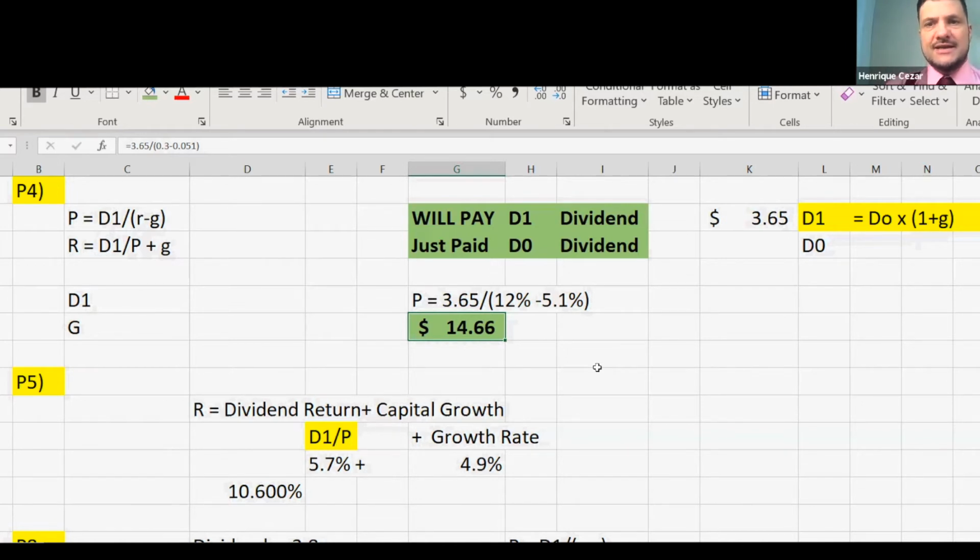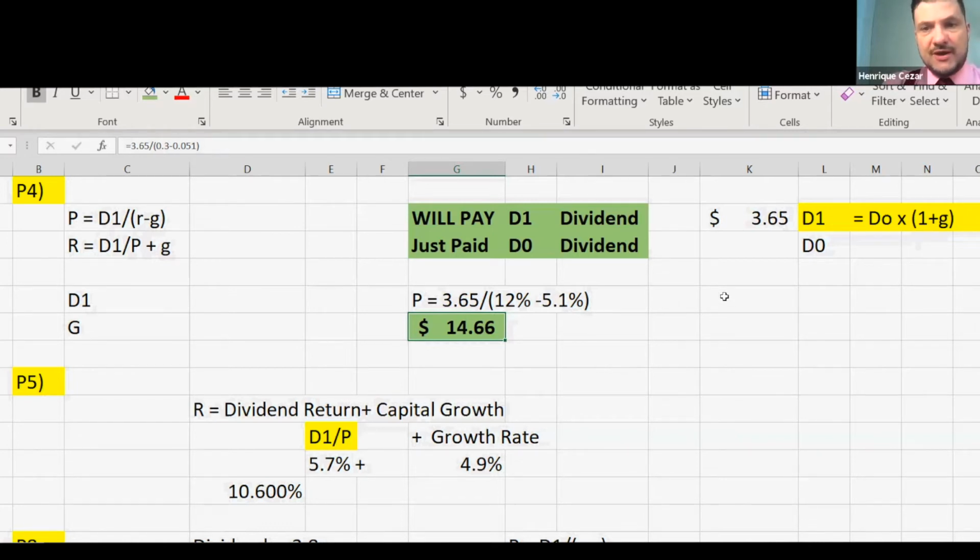Now, how effective is this? Well, honestly, as a professional of the financial market, as a financial analyst, I don't rely on this formula to make investment decisions. Or let me rephrase that. I do not rely only on that formula to make investment decisions. I can use it as a complementary way to predict the fair value of an investment, in this case, the stocks. All right, that's it.